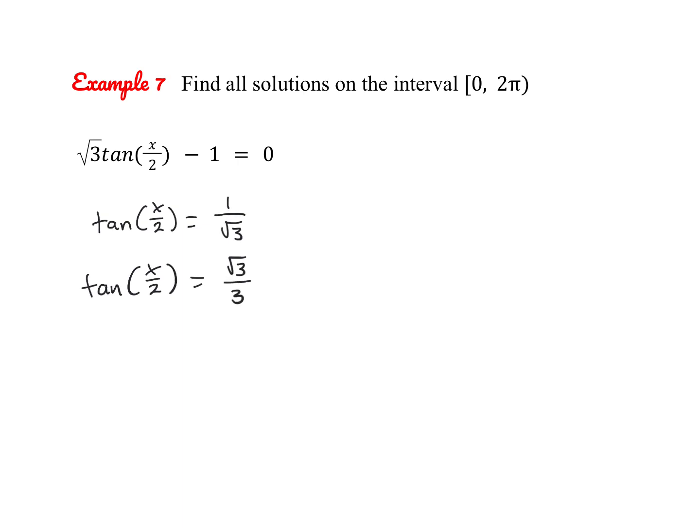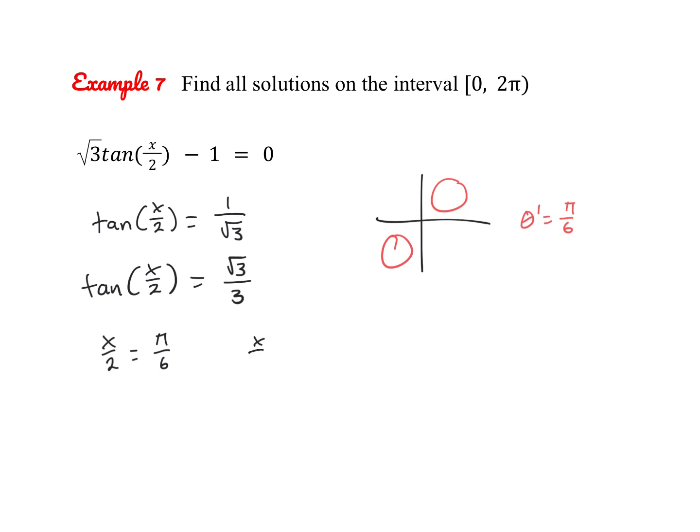So here, since it's tangent and our answer is positive, we're going to be working in quadrant 1 and quadrant 3. And since it's tangent and the value that we get is root 3 over 3, we know that our reference angle is pi over 6. So we can say x over 2 equals pi over 6. That's one of our answers.